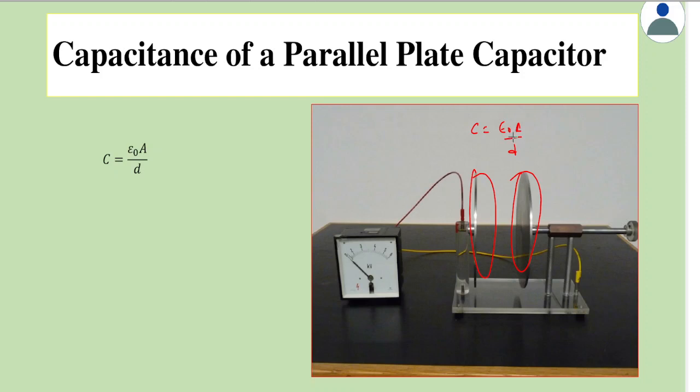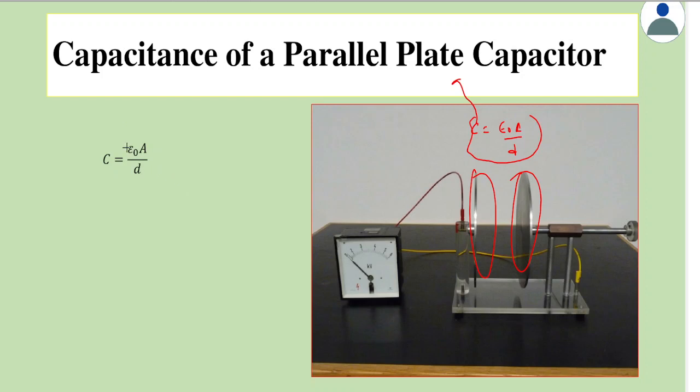So keep in mind that even though we have derived this expression for a parallel plate capacitor, this form could be used for any two conductors having a certain area. Observe carefully here to understand what C depends on. As seen here mathematically, C depends on three factors.